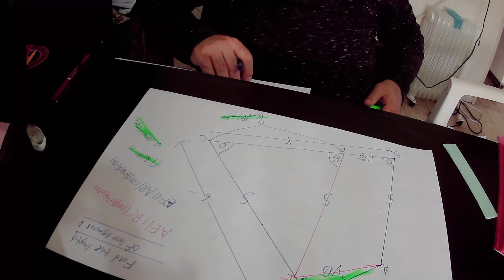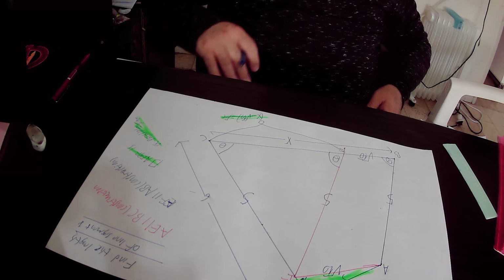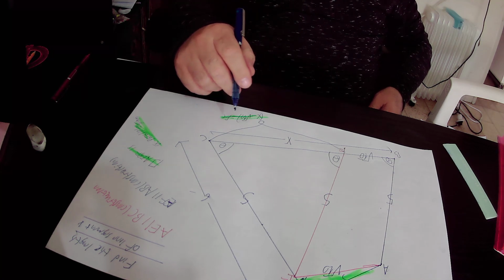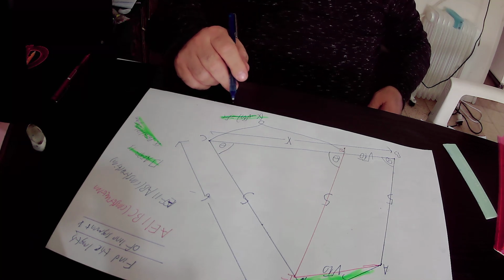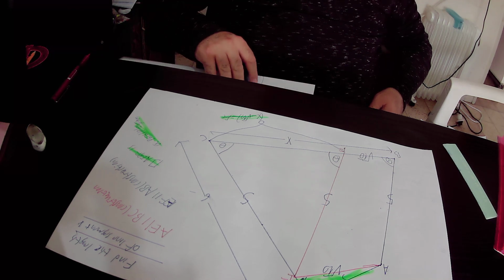Actually, we'll focus on triangle EFC. In triangle EFC, we know that side FE equals side EC equals 5 units, therefore triangle EFC is an isosceles triangle.